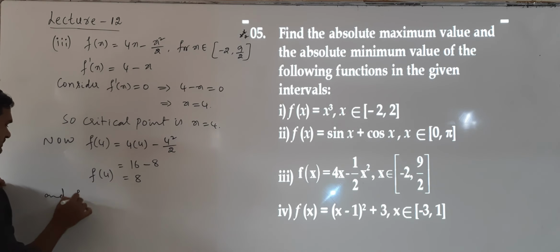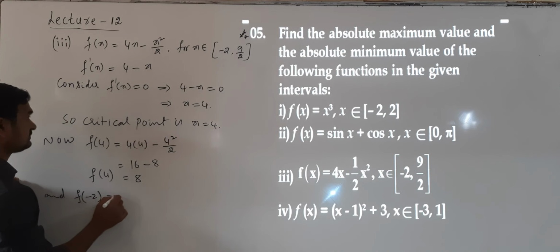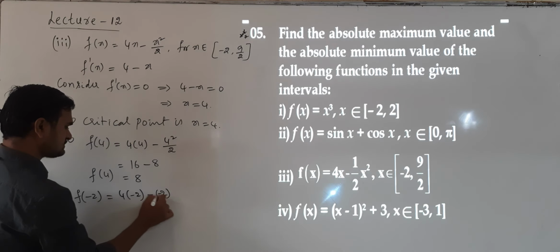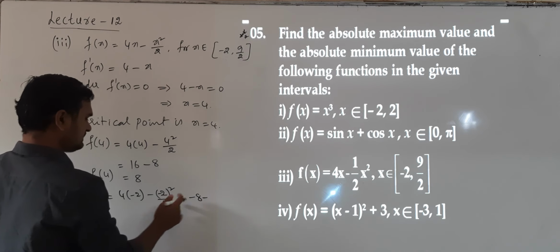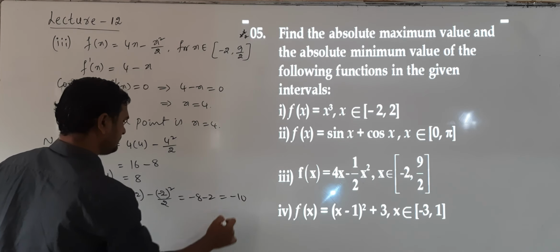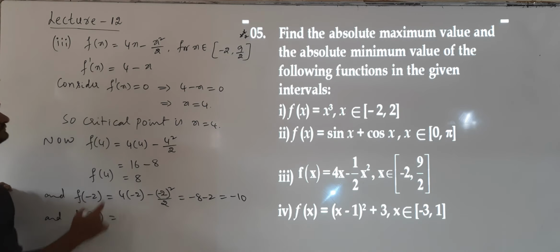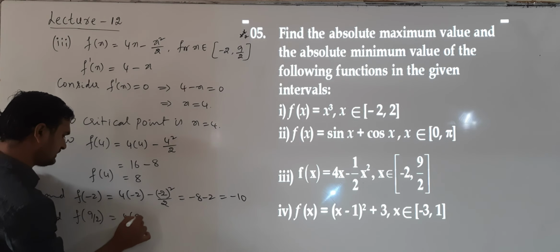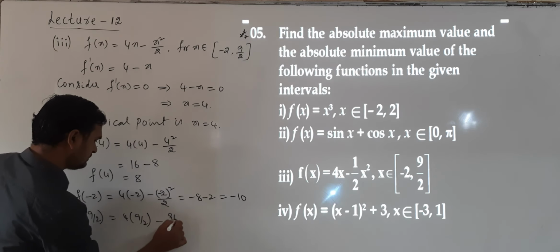And the function at the end points: f of minus 2 is 4 into minus 2 minus minus 2 whole square by 2, which is minus 8 minus 2, minus 10. And f of 9 by 2, the function at the other end point, means 4 into 9 by 2 minus 9 by 2 whole square by 2.